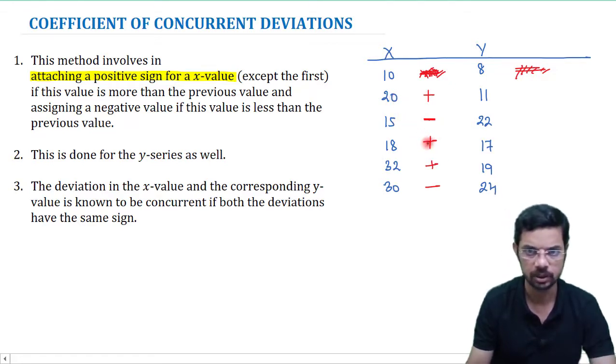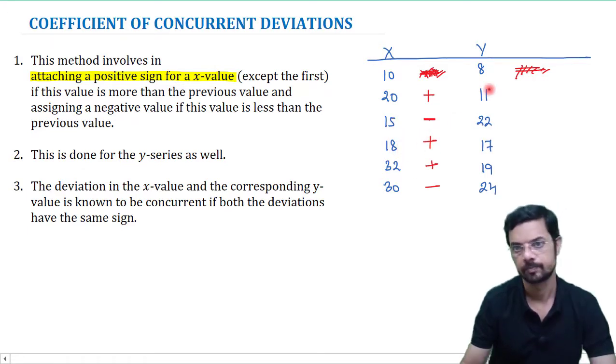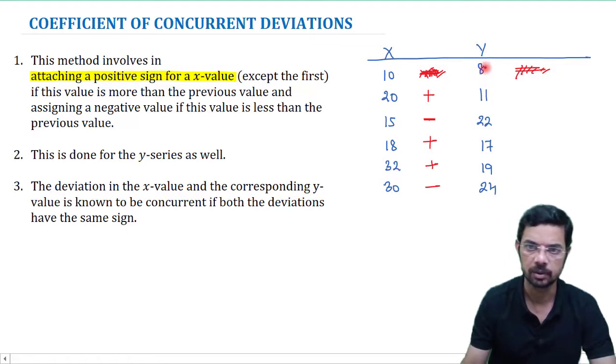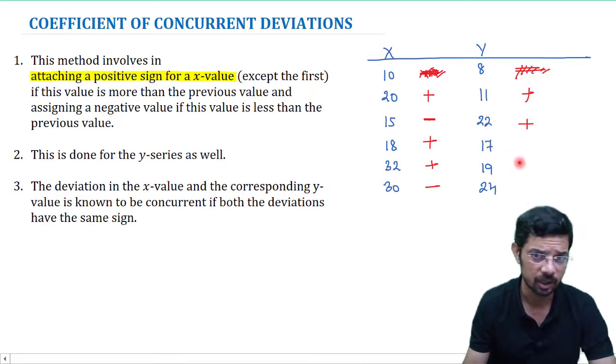Positive change means 15 to 18 is increasing. Now for Y it is very simple: 8 to 11 positive, 11 to 22 again positive, 22 to 17 negative, 17 to 19 positive, and 19 to 24 also positive.